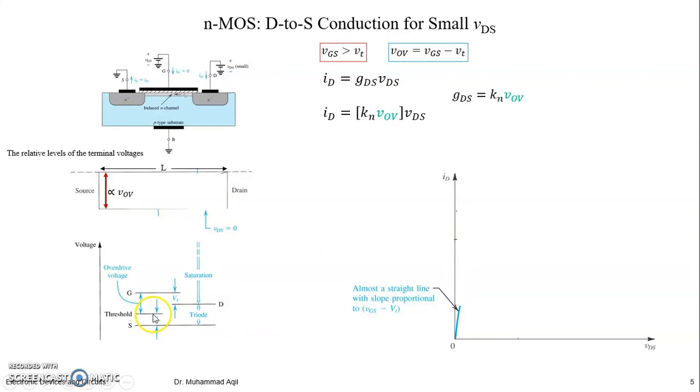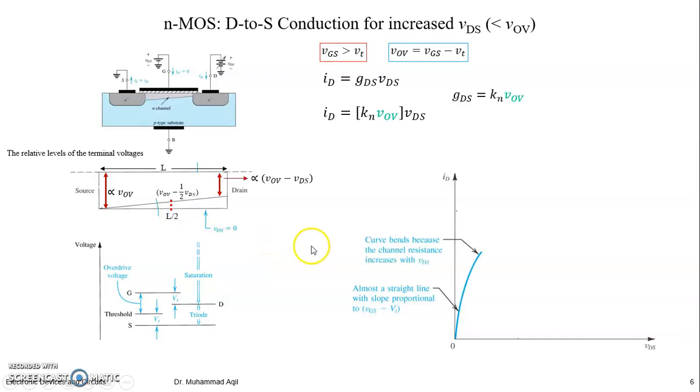So you can see from VT to VG is the overdrive voltage, this is VOV. You can see almost a straight line with slope proportional to VOV, right?